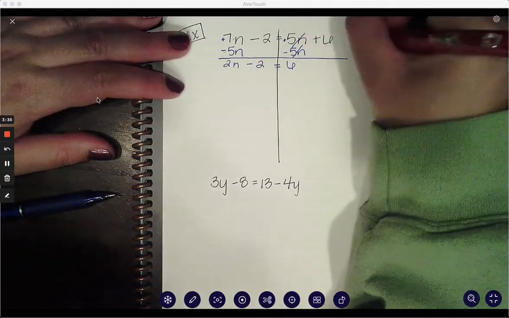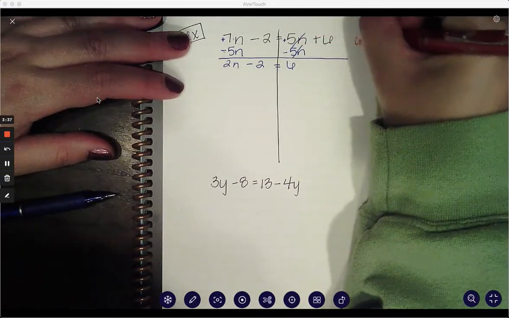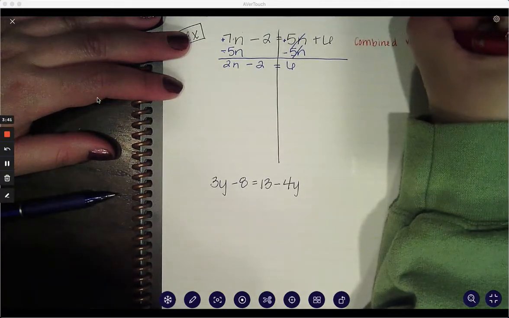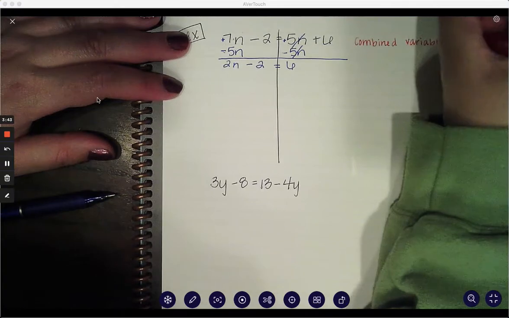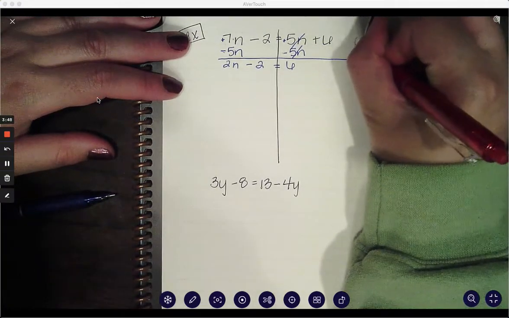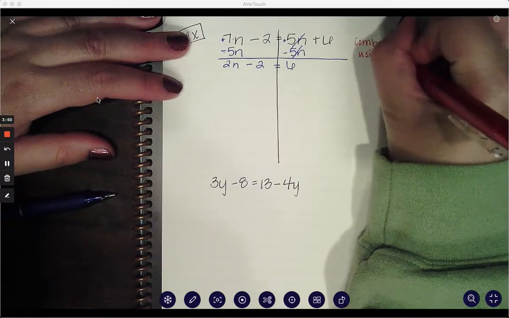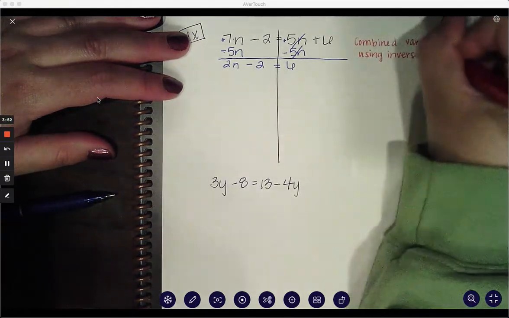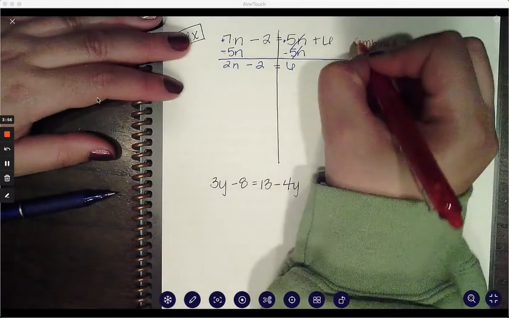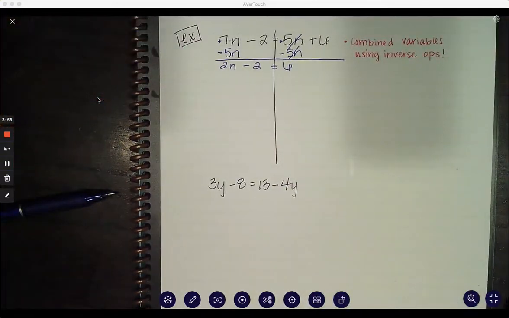I combined variables using the inverse ops. Okay, so that was the very first thing I did.